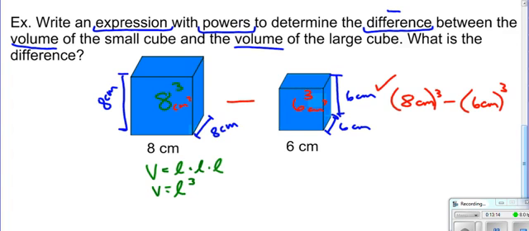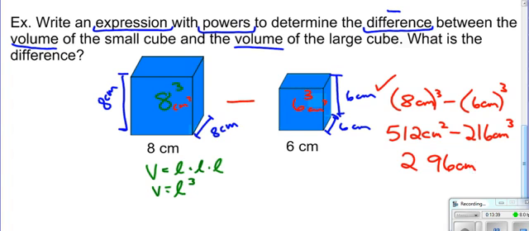And then it says what actually is the difference, and so we're going to evaluate this. So 8 to the power of 3 is 512 centimeters cubed. Take away 6 to the power of 3, which is 216 centimeters cubed. Again, I've just been using our perfect cube table on our cheat sheet. And when we subtract these, we find the difference. So 296 centimeters cubed.